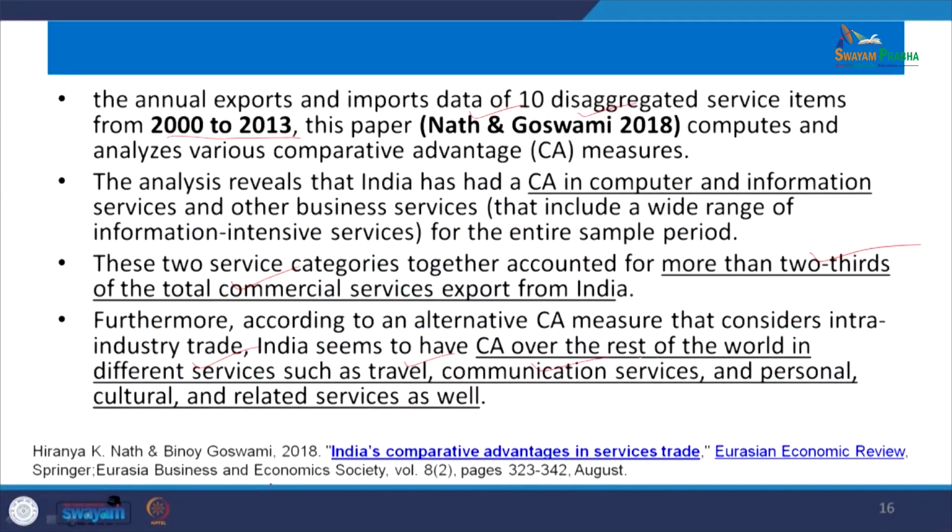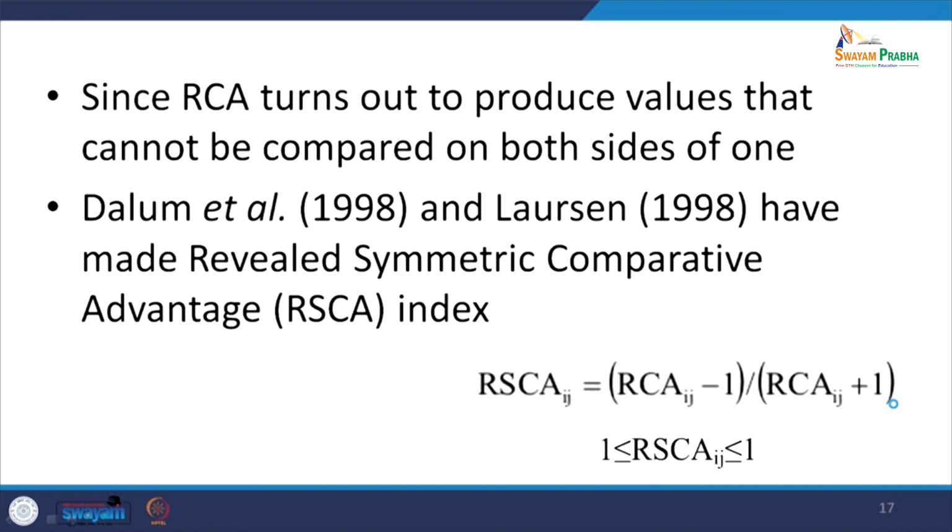More than two-thirds of the total commercial services exports are from India only. In their paper it was observed that the comparative advantage over the rest of the world in different services such as travel, communication, personal, and cultural related services as well is better in India as compared to other countries. This is highlighted by the Nathan and Goswami paper. You can go through this link to find it, published in Eurasian Economic Review.